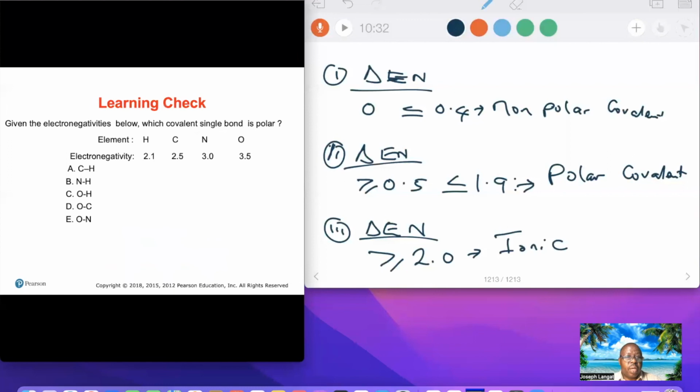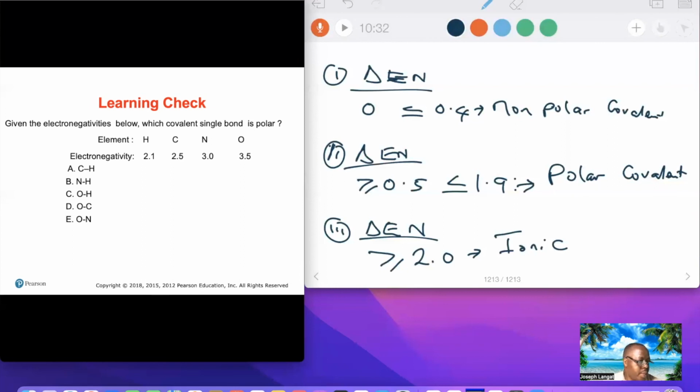Given the electronegativity values below, hydrogen has 2.1, carbon 2.5, nitrogen 3.0, and oxygen 3.5. Given the electronegativity, which covalent single bond is most polar?